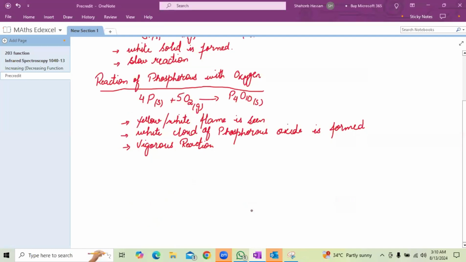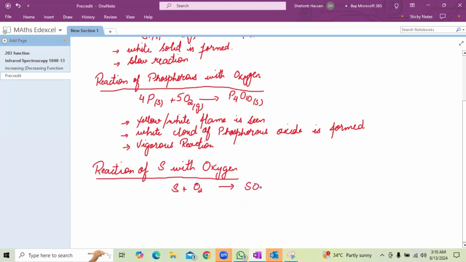Okay. So now this is a reaction of sulfur with oxygen. So sulfur reacts with oxygen and it is going to form sulfur dioxide.